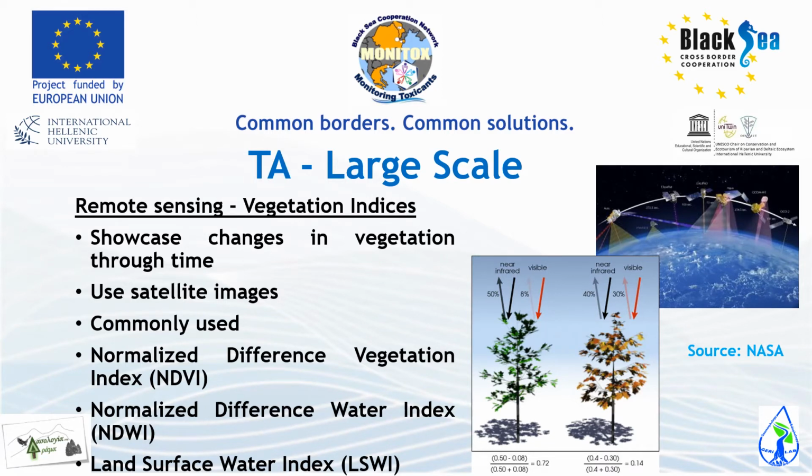So actually, you can look at whether vegetation is changing through time. In our case, we primarily use the following indices: the Normalized Difference Vegetation Index, NDVI, the Normalized Difference Water Index, NDWI, and the Land Surface Water Index, LSWI, because we have focused most of our research on riparian areas.